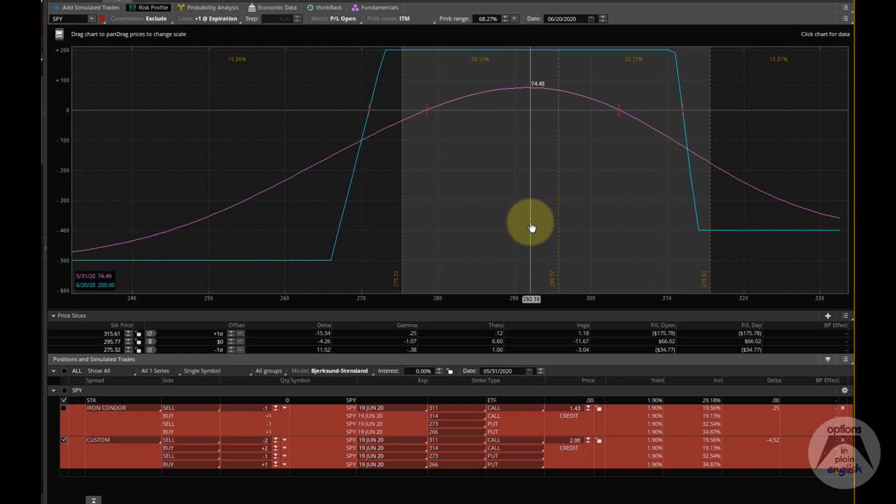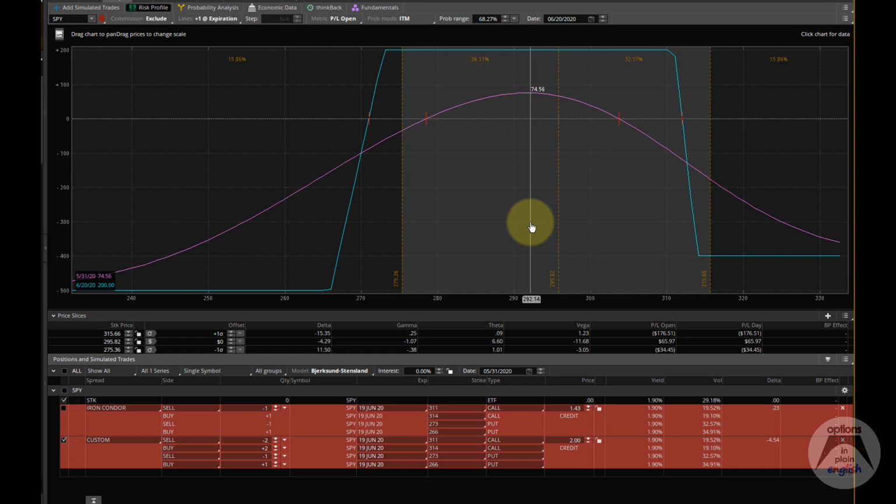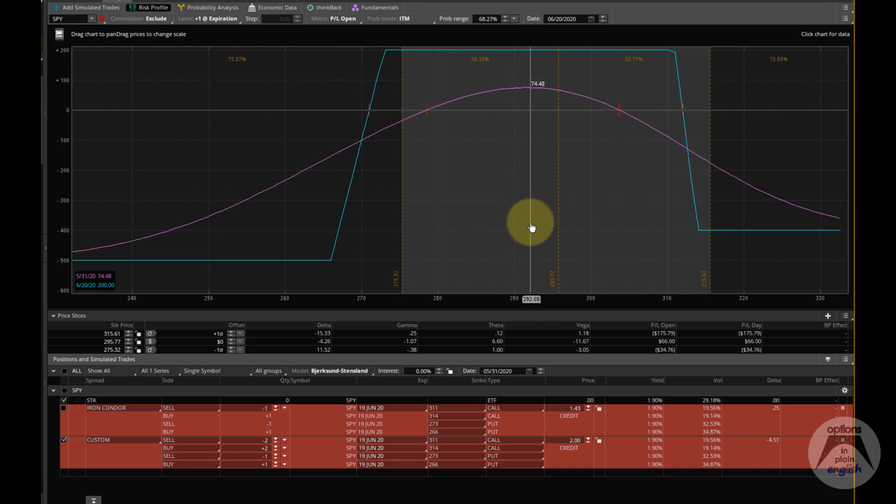So just to summarize, an iron condor, if you want to make it delta neutral, sometimes the widths of the spreads are not the same.